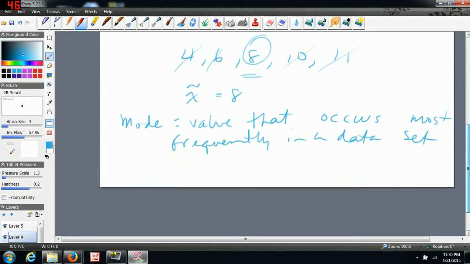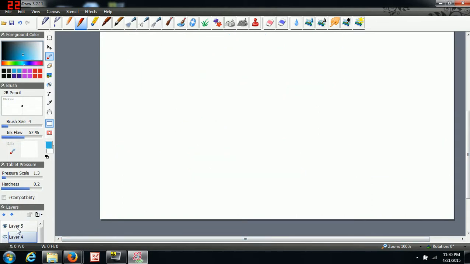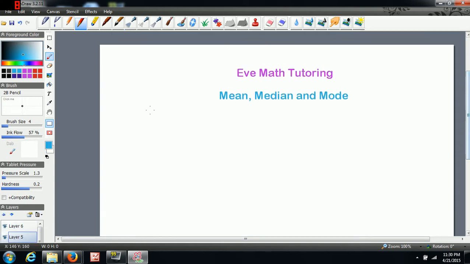Okay, so we're going to try a few examples. Say you're asked to find the mode of the following. I'm given the following example.